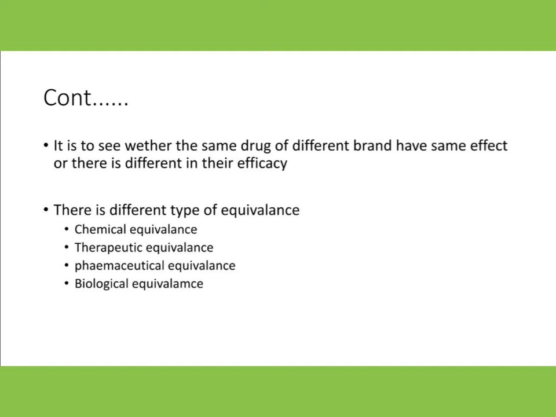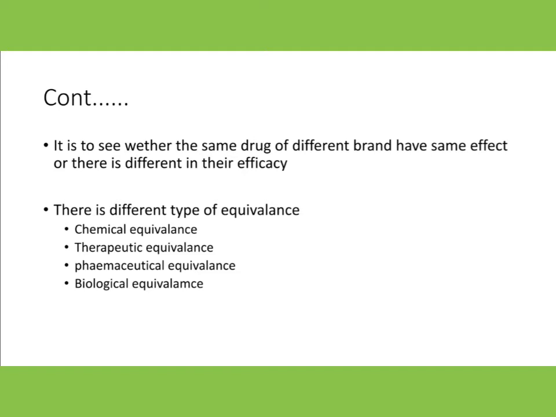Even after having the same composition and the same manufacturer, it does not mean that their therapeutic equivalence will be the same. Pharmaceutical equivalence is established when the chemical composition, therapeutic equivalence and the route of drug administration are also the same.